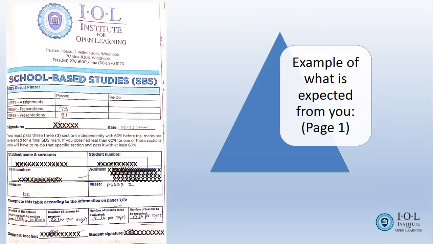The next page gives us an example of what is expected from you, which is now a completed version. You will see there the assignment is online, so the mark will not appear there. Then you will see for preparations, the student acquired a mark of 93%, and the student got a mark of 81 for presentations.